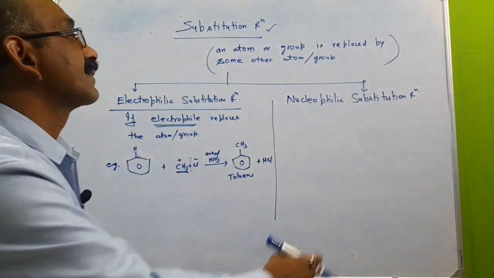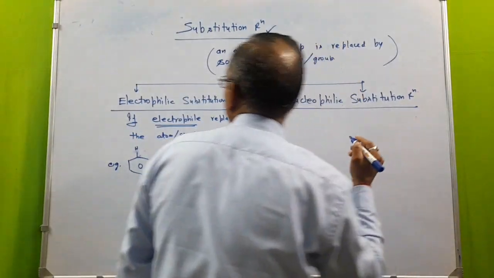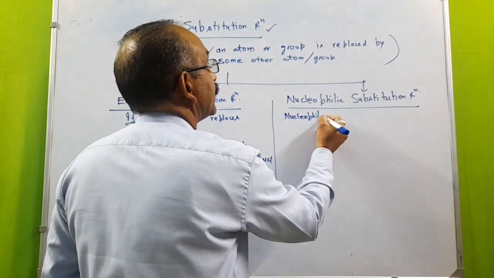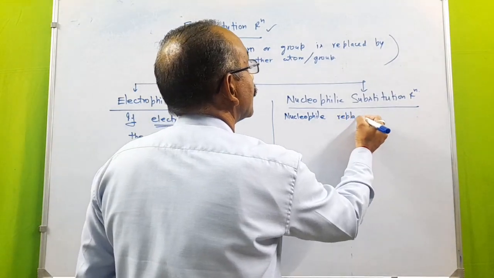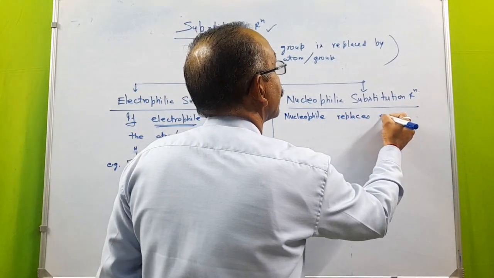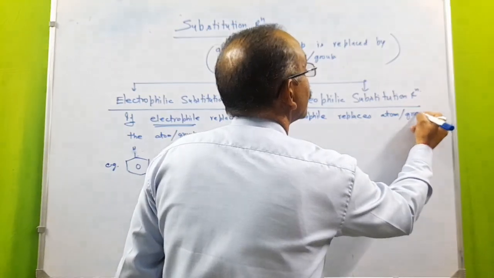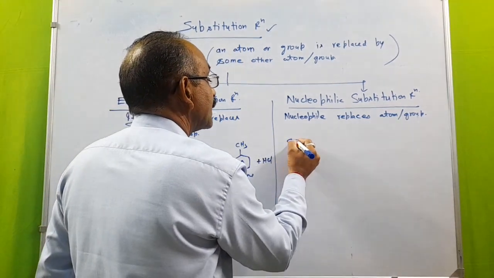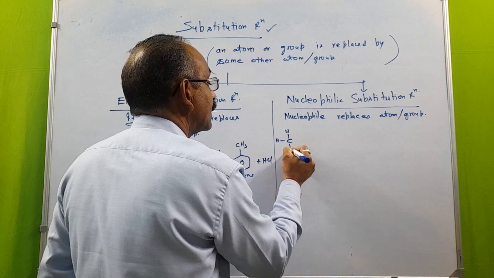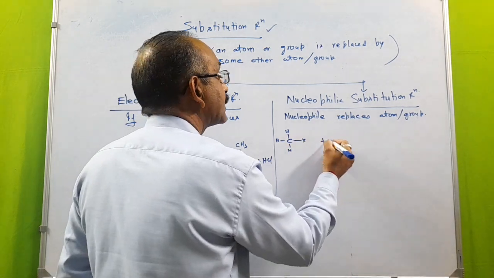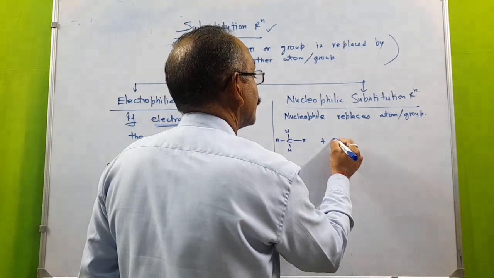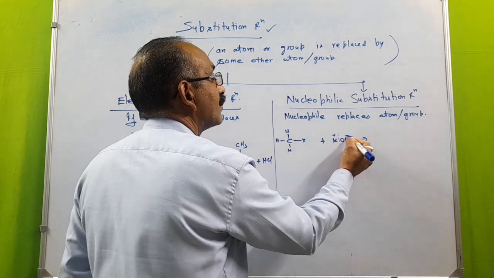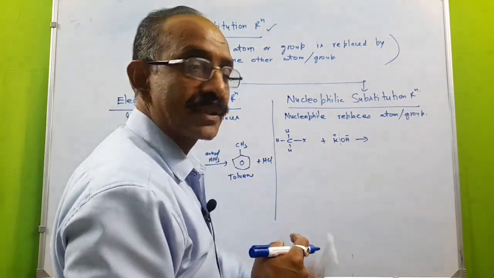On the other hand, in nucleophilic substitution reaction, here the nucleophile replaces the atom or group. See, suppose it is a CH3X and this reacts with the KOH. The KOH will dissociate and forms K plus OH minus.